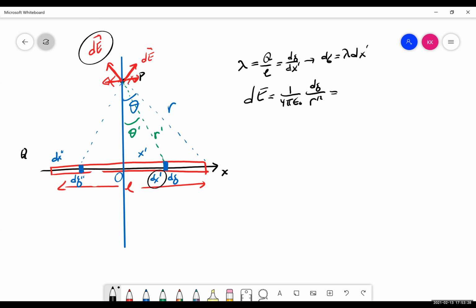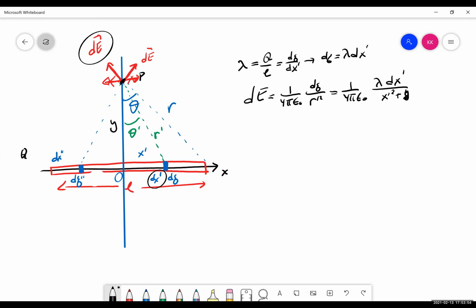Okay, so my equation for dE can be 1 over 4 pi epsilon naught. Then dq can be replaced with lambda dx prime. And then r prime square can be replaced with x prime square plus, let's call this some distance y, point P here, some distance y from the rod.